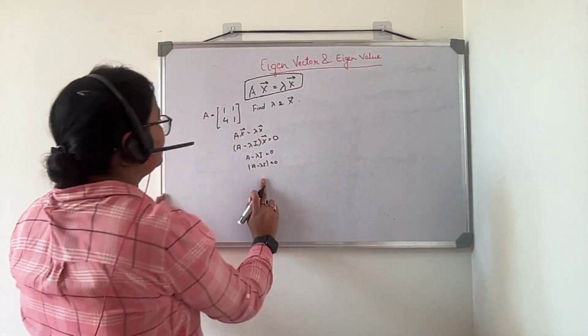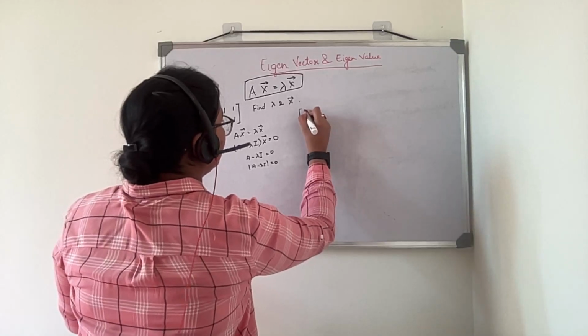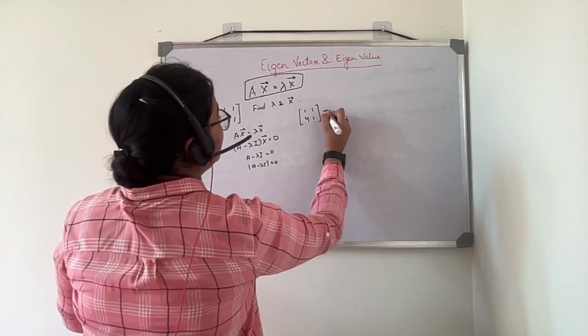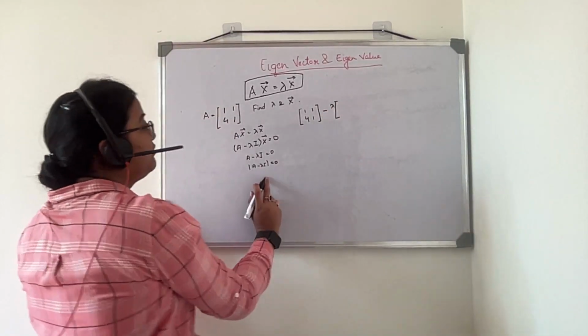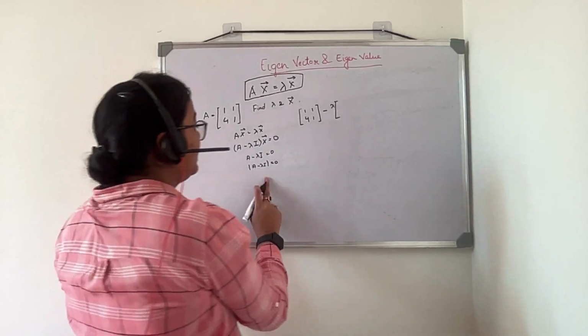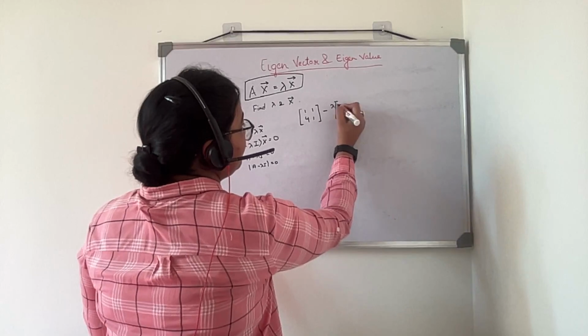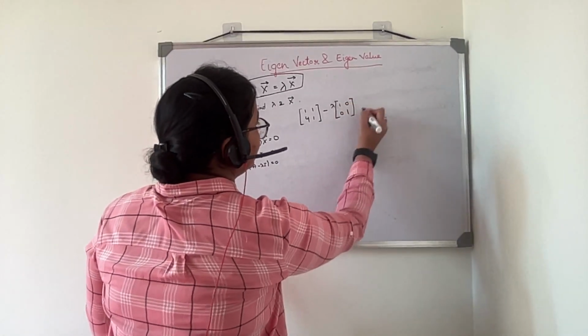Okay, so we will be doing 1 1, 4 1 minus lambda times the identity matrix. So what is an identity matrix? We have all the elements except the diagonal elements as 0, and in the diagonal we have ones. So like this, equal to 0.